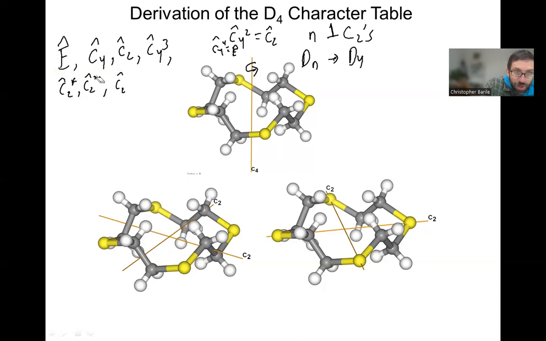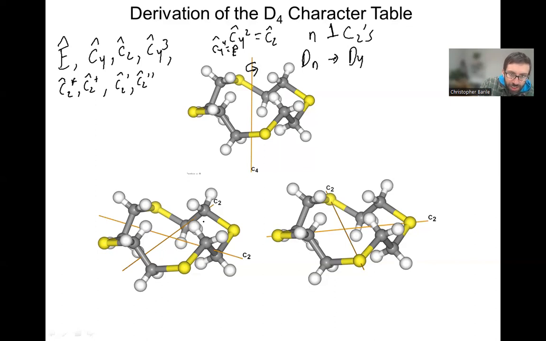I'm just giving them random symbols here to distinguish them from this C2. And then we can call it C2 prime, and C2, maybe double prime. Visualizing these 4 different perpendicular C2s, you can see that they're actually doing different things.